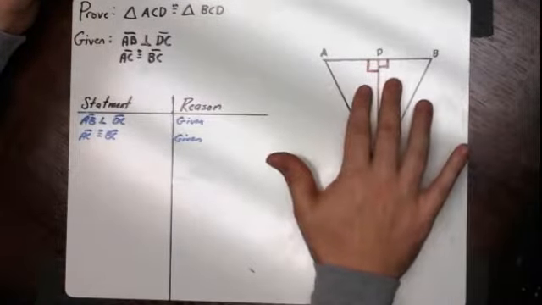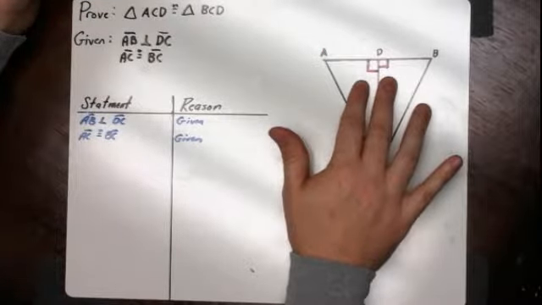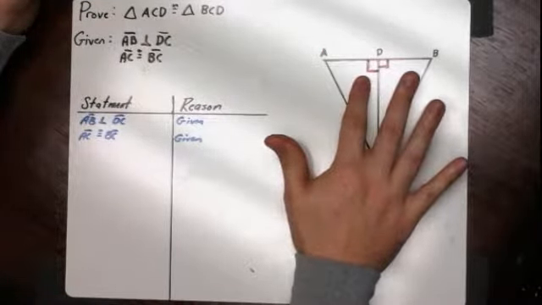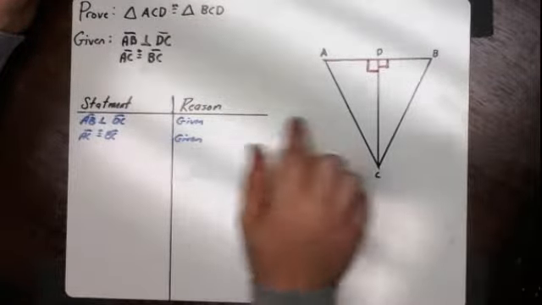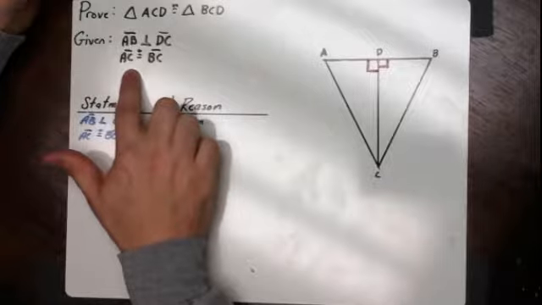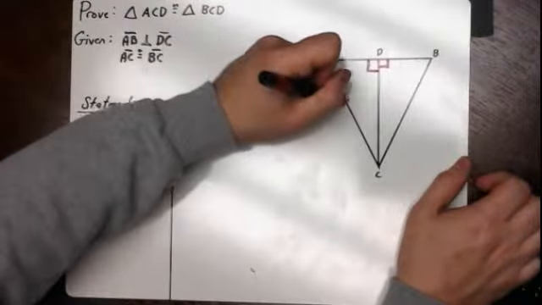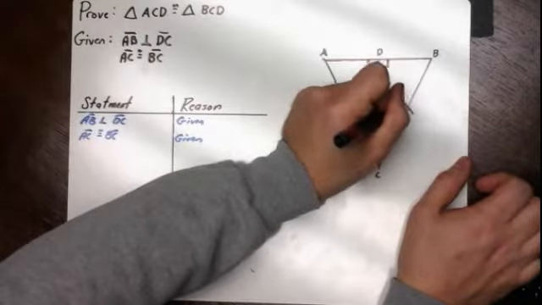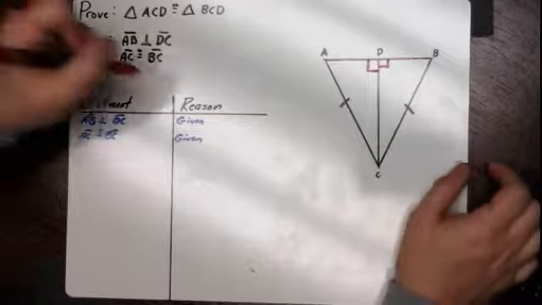And also, it's a straight line, and straight lines add up to 180. So, if one side is 90 degrees, the other side has to be 90 degrees. Now, it also states that AC is congruent to BC. Then I have my reflexive side in the middle.